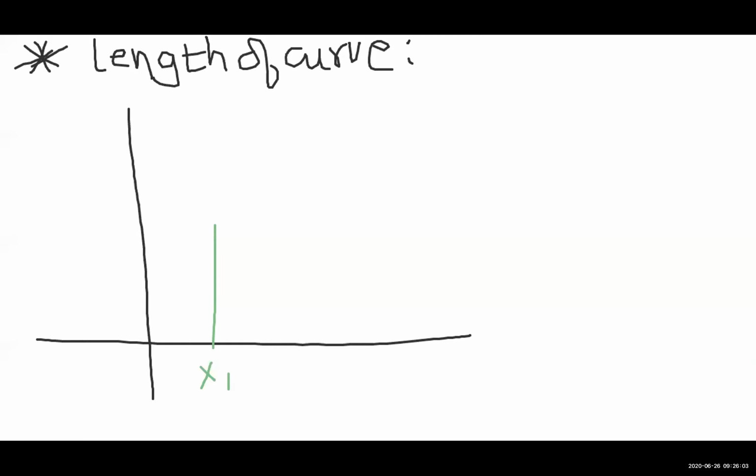It should be something like this. So this is the curve like this, and I want to find the length of the curve between x equal to x1 and x equal to x2.